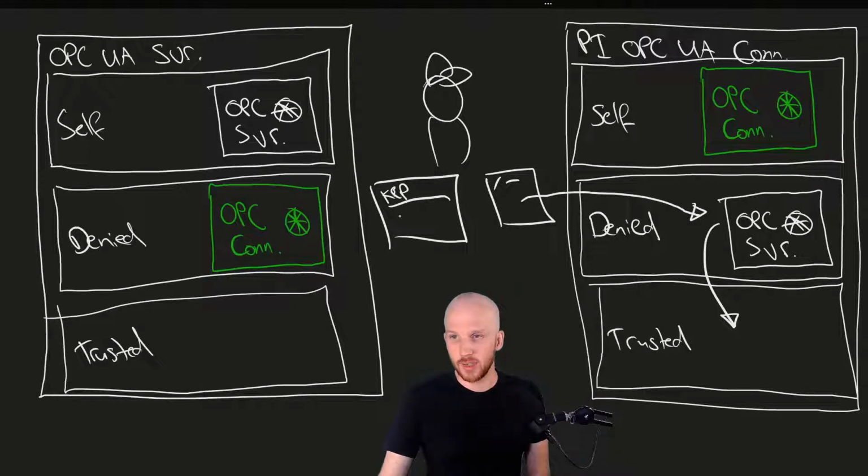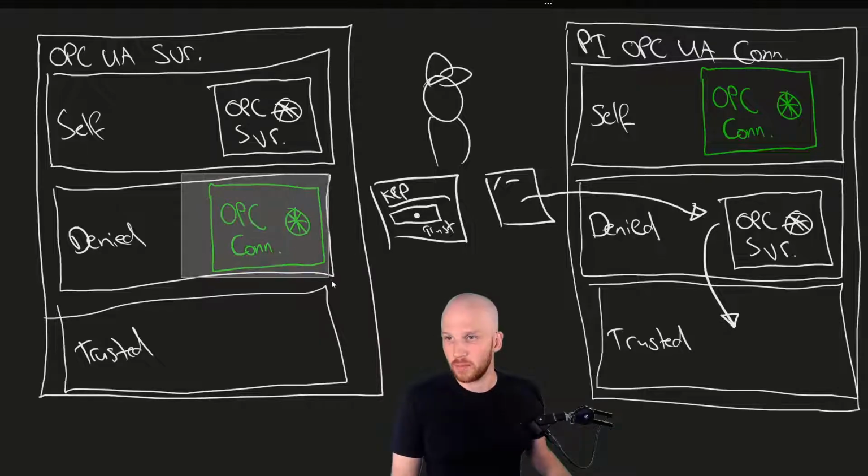Kepware's user interface, there'll just be the certificate there, and you're going to right-click and trust on the certificate, and then it'll be trusted. So it essentially moves it for you down.